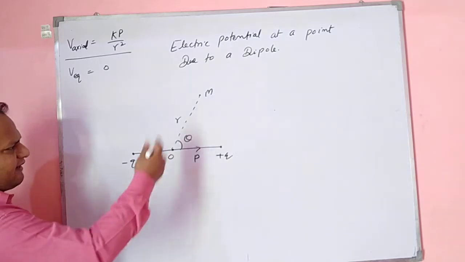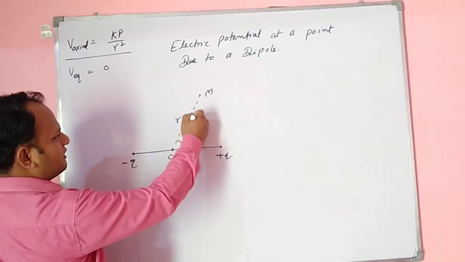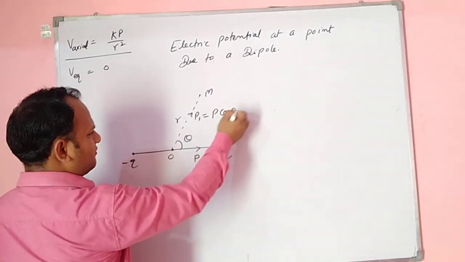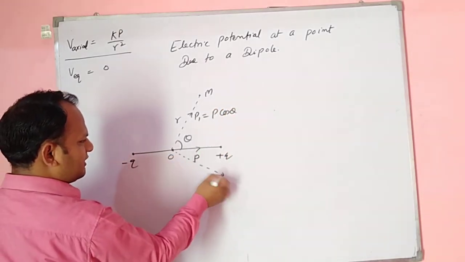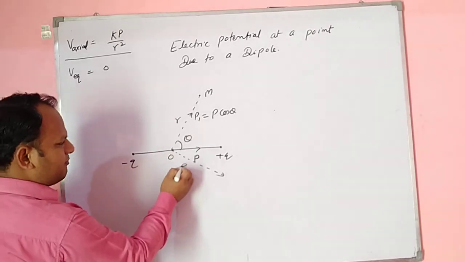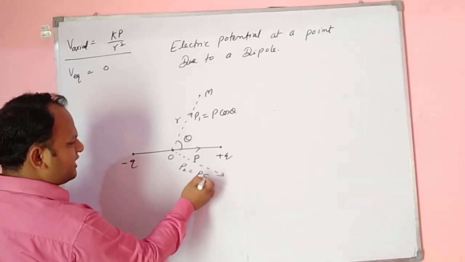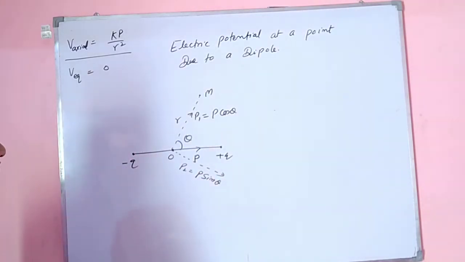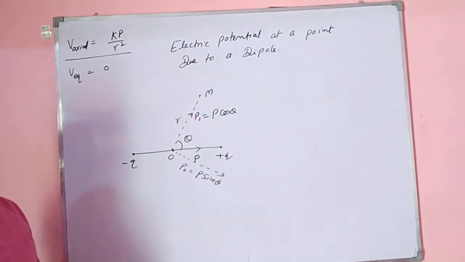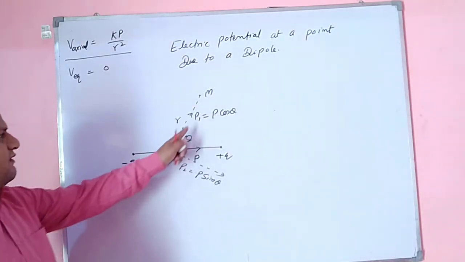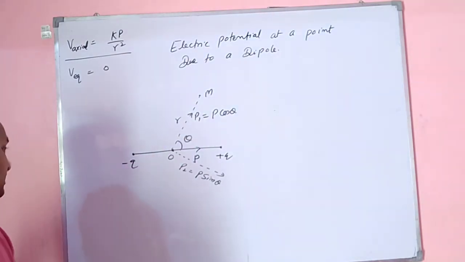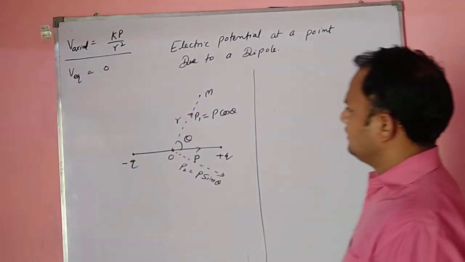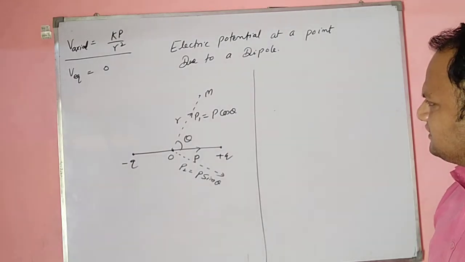So I can divide this dipole into 2 components. The first component P1 is equal to P cos theta, and there is another rectangular component P2, which is equal to P sin theta. Now forget this dipole. Instead of 1, now I have 2 dipoles. The first dipole is P1 and the second dipole is P2. One by one we will calculate the potential because of these dipoles.